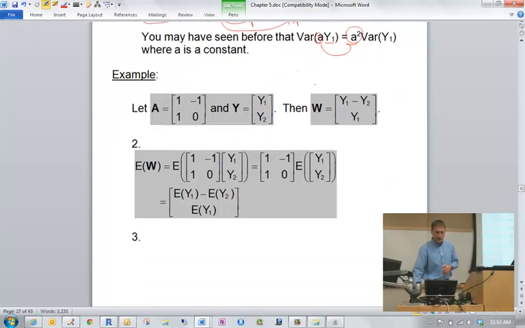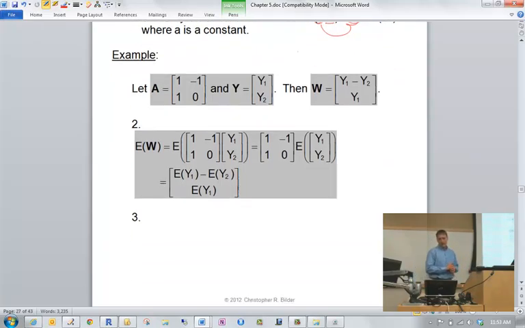Okay, let's take a look at some examples. Let's say here's my matrix A of constants, vector Y of random variables. So that means W, if I were to multiply things out, would be Y1 minus Y2 as the first element, and then Y1.